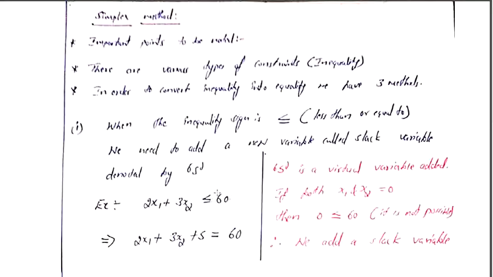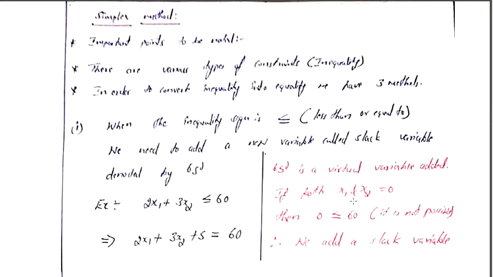So this is a constraint. The total resources available are 60, and x1 and x2 are the number of the two types of products that can be produced. If we are not producing any of the products, that is, both x1 and x2 are equal to 0, then there is no manufacturing of x1 and x2 type components.